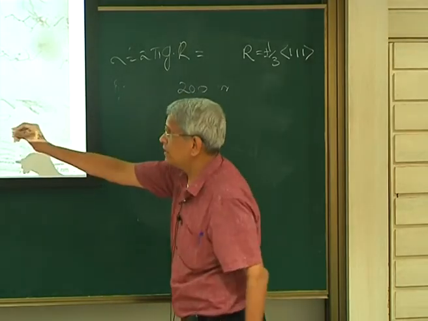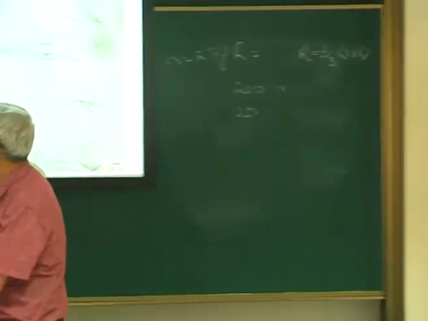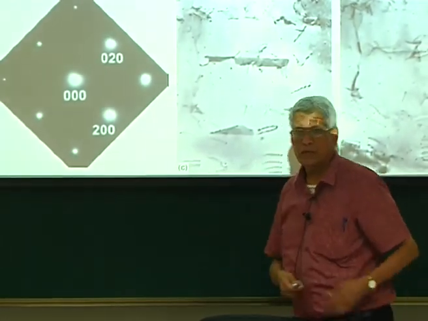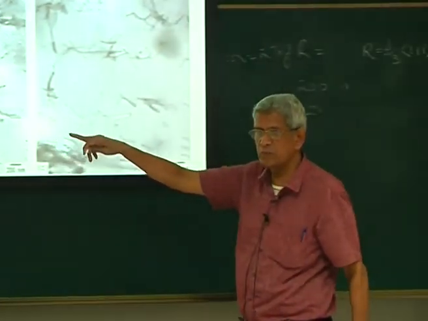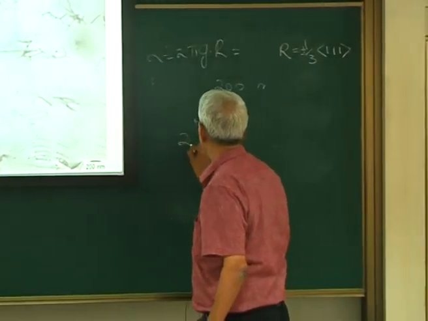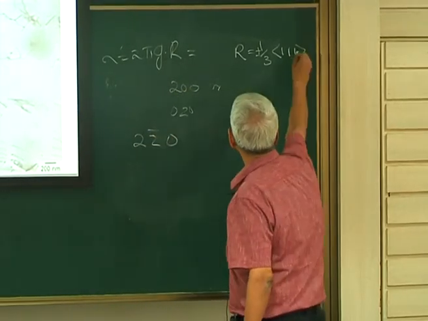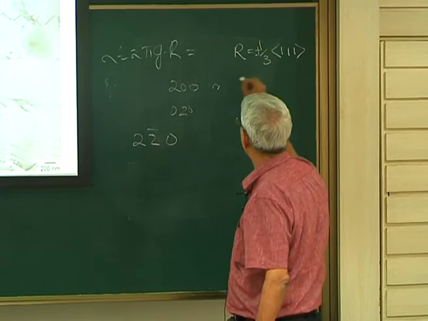And if I take this one, what is this part? It will be 2 2 bar 0, if we index this by vector addition. So, if I take 2 2 bar 0, what will happen here?